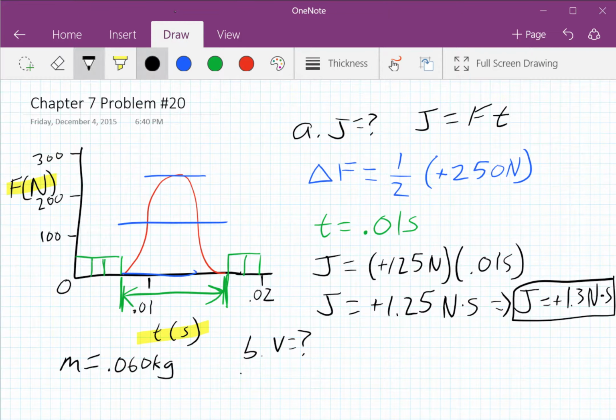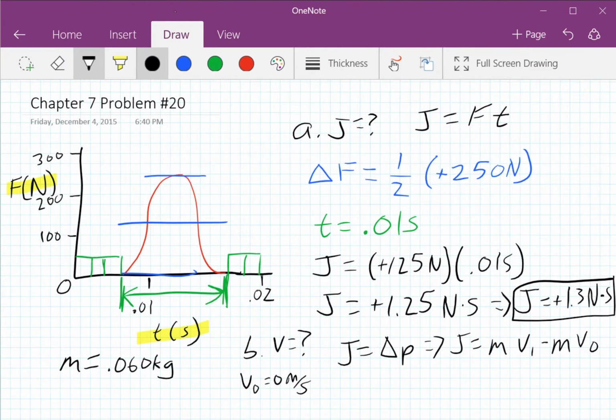So initial velocity is 0 meters per second. So we're going to have the impulse equals the change in momentum. So that's just going to tell us that the impulse will equal the mass times the final velocity minus the mass times the initial velocity. Well, all that was 0. So if we're going to isolate for the velocity, we just need to say v final equals J over m.